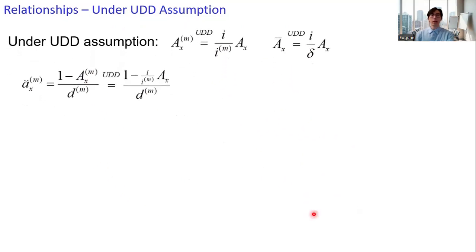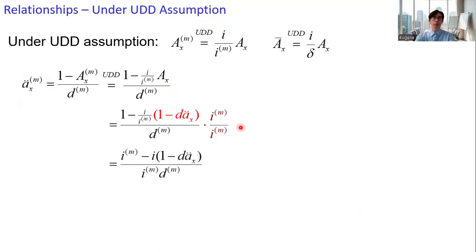All right, express this in terms of the annuities. Replace A_x with the expression 1 minus d times ä_x, and then multiply i^(m) to both the numerator and the denominator.